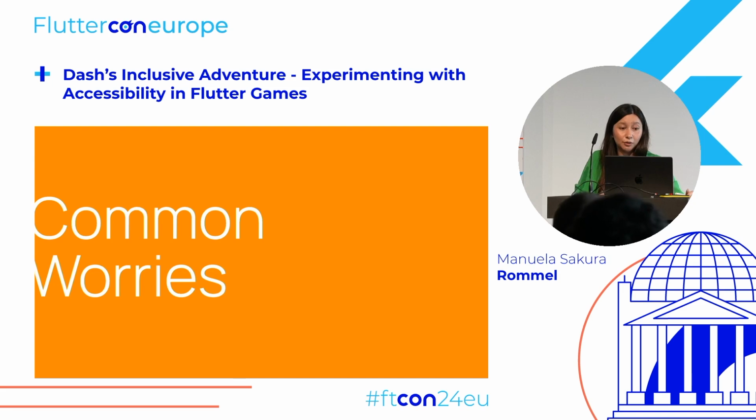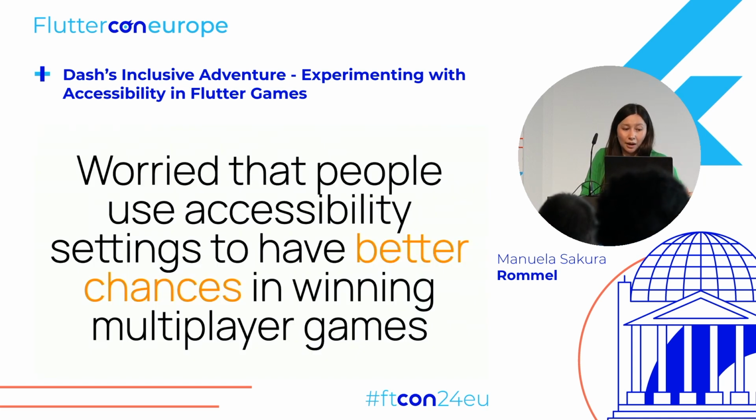And now we come to some common worries people have when it comes to accessibility. A lot of people might be worried that people use accessibility settings to have better chances in winning multiplayer games. That points to the aim assist. But one thing you could do is have matchmaking preferences.